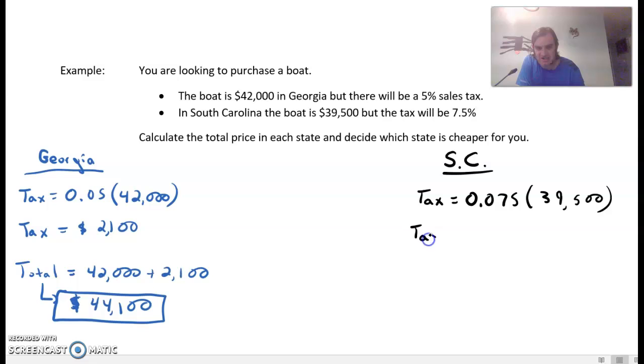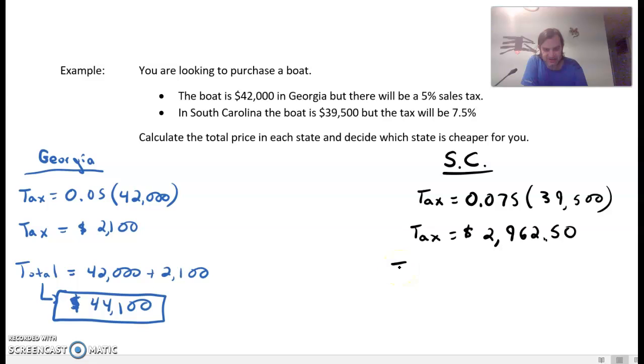So let's see, the tax will be 0.075 times $39,500. Almost $3,000. Let's see here. $2,962.50. So almost $800 more in taxes.